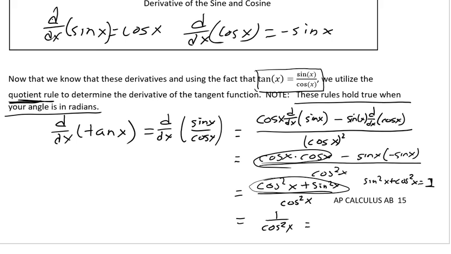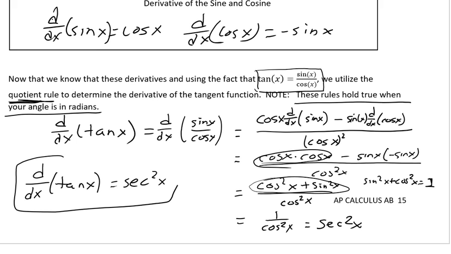So 1 over cosine squared is secant squared of x. So we know that the derivative of the tangent is the secant squared. We've just given a proof of that. The derivative of the tangent is the secant squared.